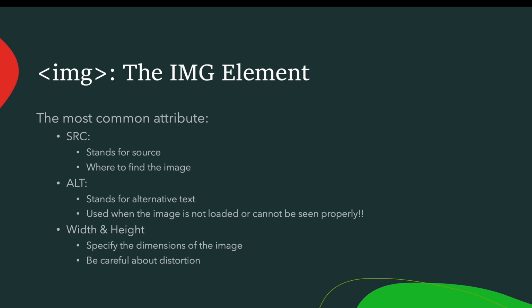If you only specify one of these attributes, say width is this and don't say anything about the height, or the other way around, the browser will automatically adjust the other one so that it can maintain the image's original aspect ratio. Okay. But you can change it however you want. But remember, if you drastically change the size of an image, it can result in distortion. Okay. So that's about it.